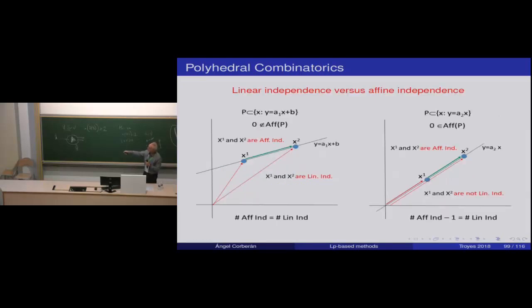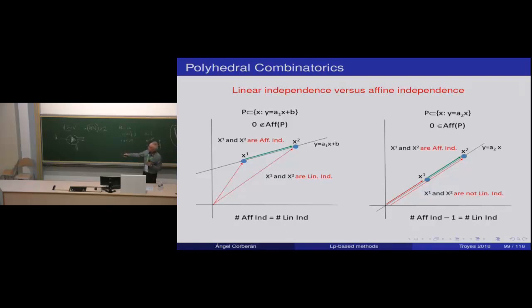if my polyhedron is in a plane that passes through the origin? Then the two points are again affinely independent because x2 minus x1 is a vector that is linearly independent. Both of them are affinely independent, but x1 and x2 are not linearly independent.